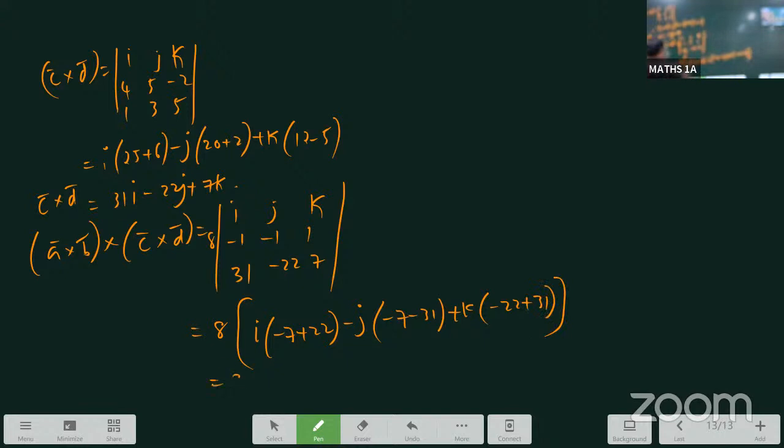That is nothing but 8 into, this is 15i, this is minus minus plus 38j, and plus 9k. So this is your answer for A cross B cross C cross D. Is it clear? Next bit, what he was asking in the second bit.